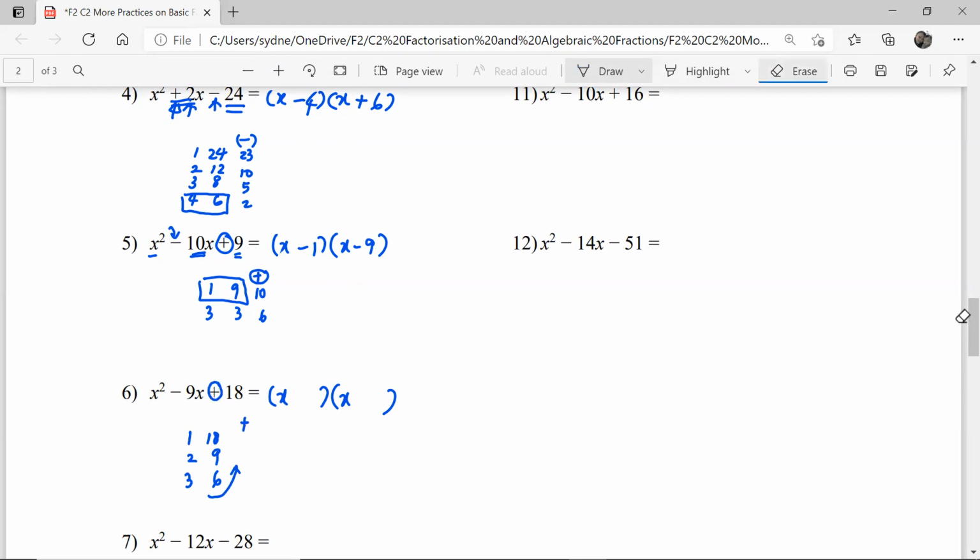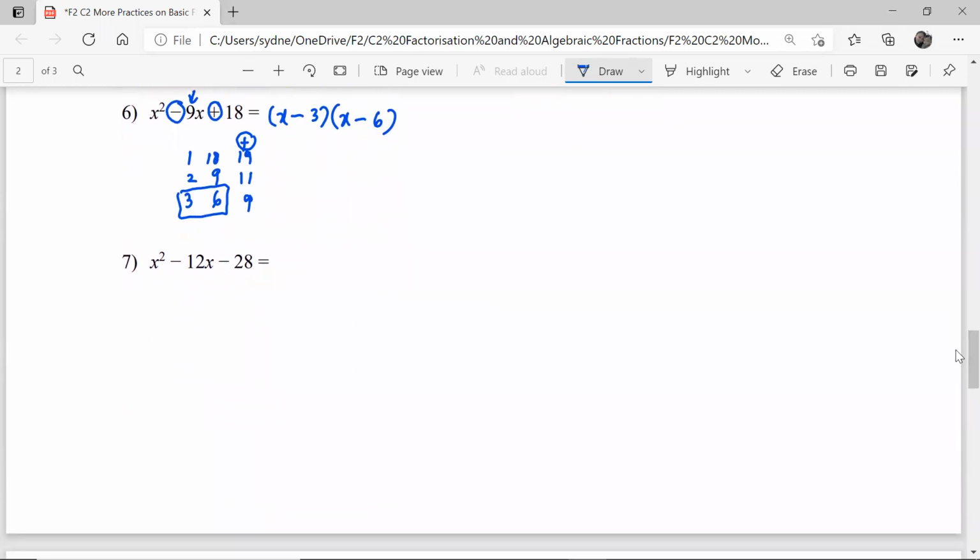We're supposed to plus the factors. So let's plus the factors. This one gives us 19, this one gives us 11, this one gives us 9. Which one do we want? We want 9x. So 3 and 6 will be the factor. And we plus it because they are the same sign. So which sign? This is negative here. That means both must be negative. That's it. All right. Number 7.